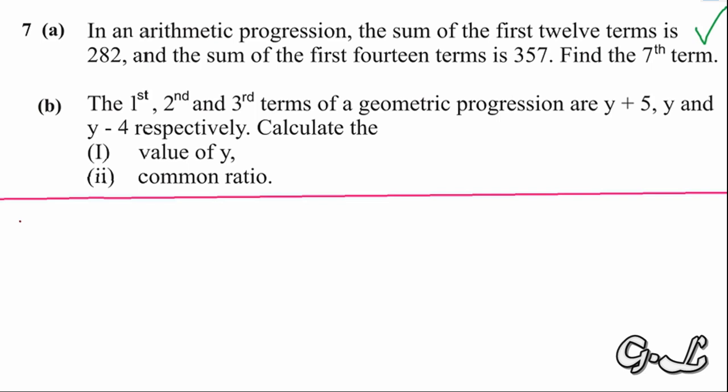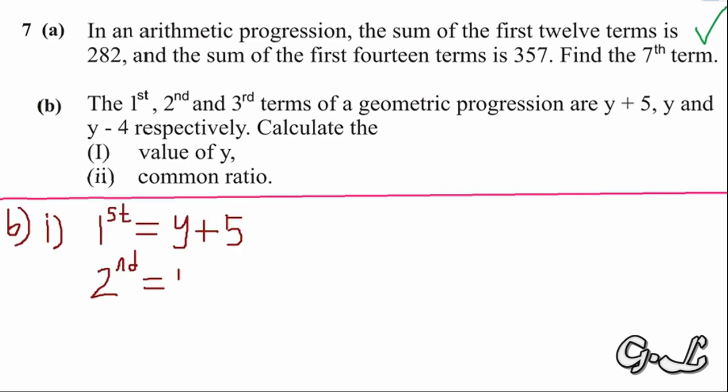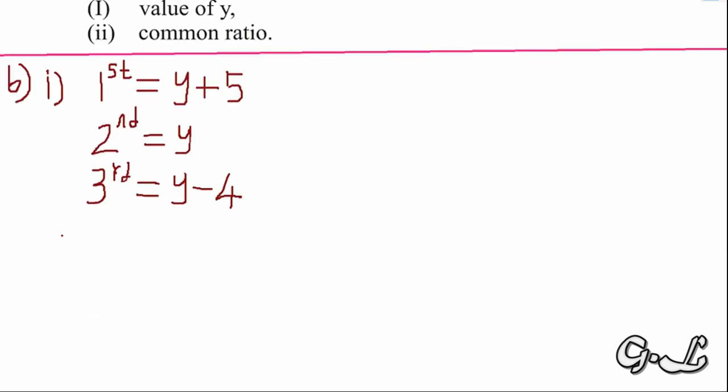The first term is y plus 5, the second term is y, and the third term is y minus 4, like that. So now what are we going to do?